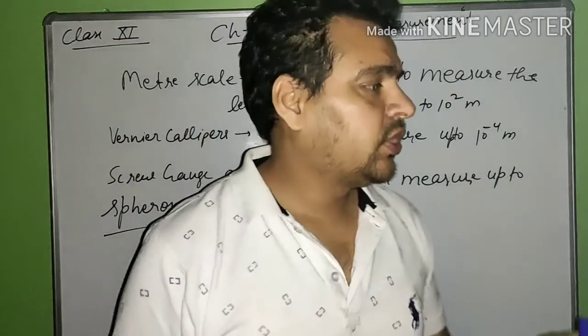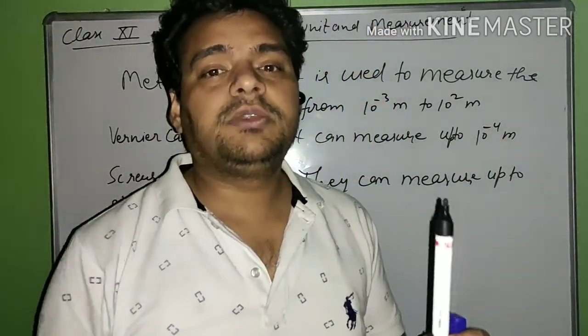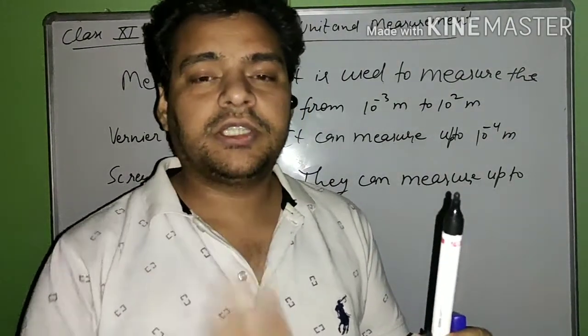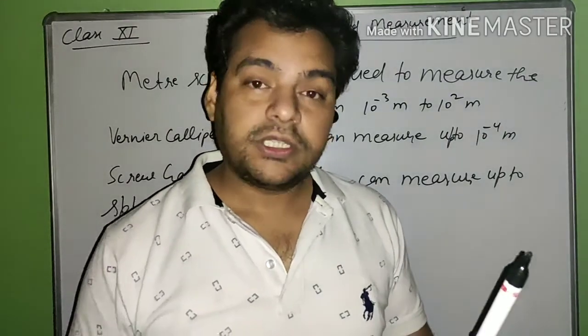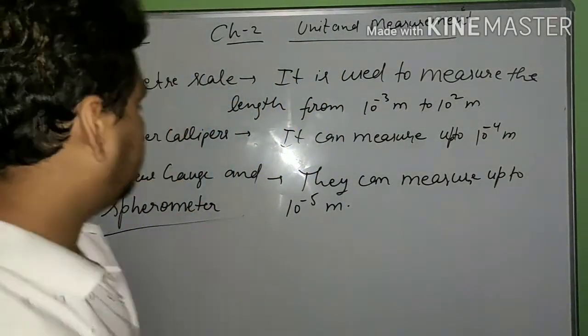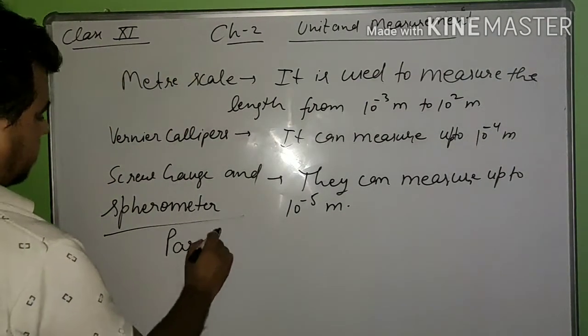Then we find there is a difference between these two points which we saw from the left eye and the right eye. This method is known as the parallax method.